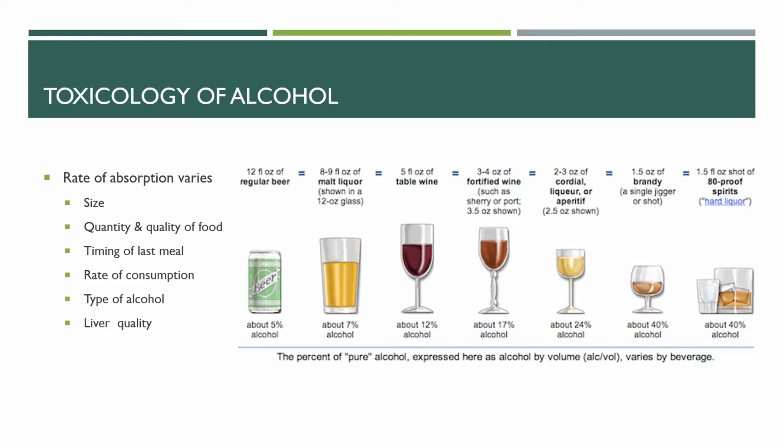And finally, your liver quality. This is your real wild card that you have less of an easy time predicting or controlling. If your liver is already pretty damaged, it's not going to be very good at filtering out alcohol. So that alcohol can more or less pass your liver and stay in your bloodstream for longer and do more damage.